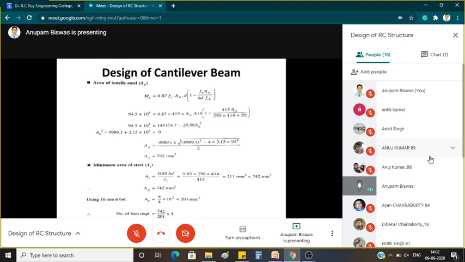So we obtain almost 4, around 4. So we can provide four numbers of 16 mm bars. Okay, I hope no problem with this.